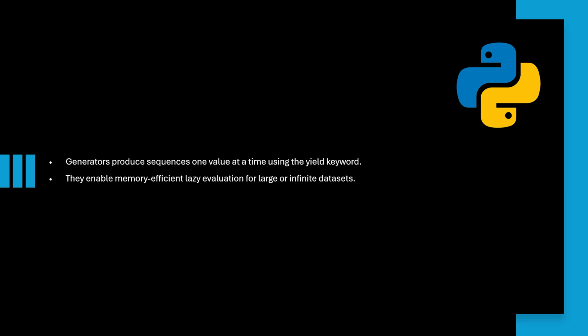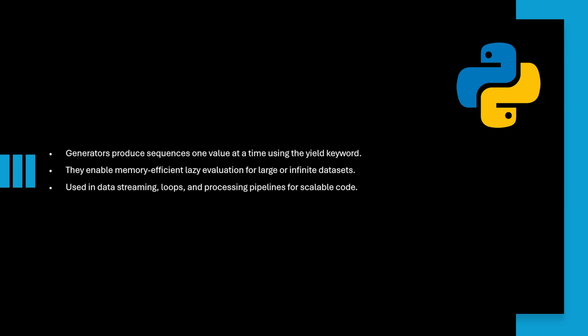Unlike lists that store all elements upfront, generators compute values only when needed, pausing and resuming execution to deliver a stream of data efficiently. For example, in a data analytics pipeline, you could use a generator to yield processed records from a massive log of user interactions like clicks on a website, allowing you to analyze millions of events without overwhelming your system's memory.